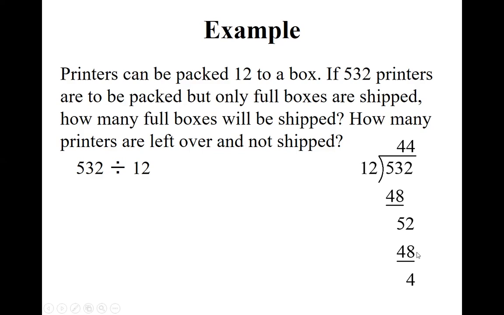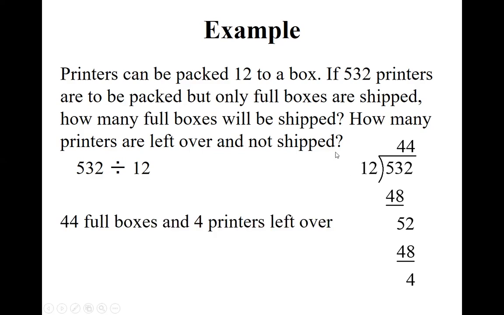Subtract 52 minus 48, we get 4. Nothing else to bring down. So it goes in 44 times with 4 left over. That means there's going to be 44 full boxes and 4 printers left over and not shipped.